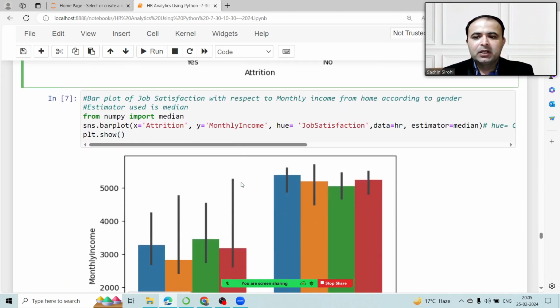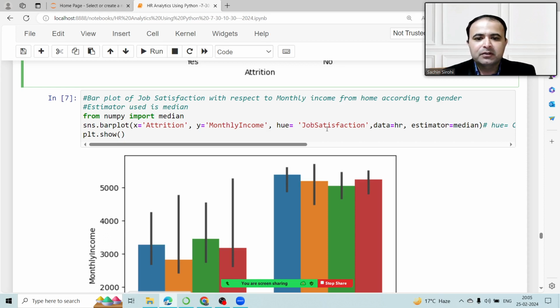The next thing is a bar plot for job satisfaction with respect to monthly income, according to gender. The estimator used is median, from numpy import median.